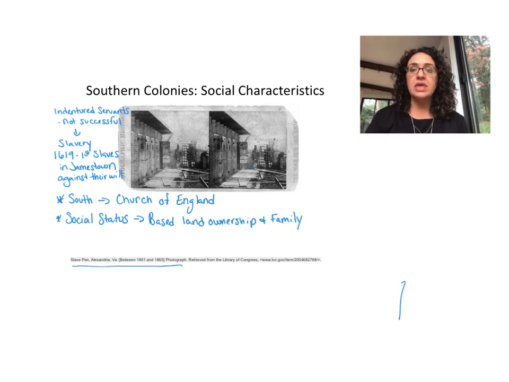We saw the first slaves brought to Jamestown in 1619. There was a lot of strong ties still to England and to the Church of England, and a lot of people's social status was based upon that.